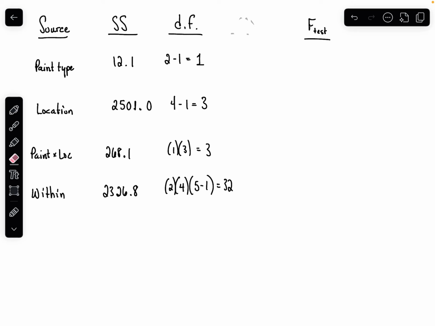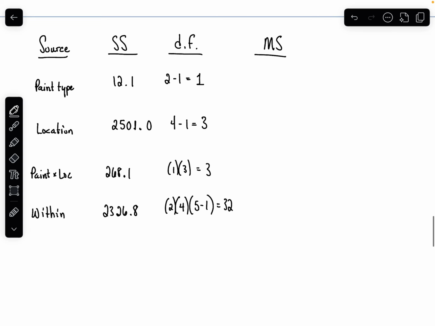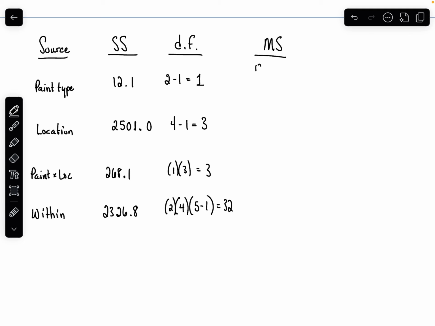Let's give ourselves a little bit more space here. Now, for the mean squares, it's simply a matter of taking the sum of squares for that factor divided by the degrees of freedom.